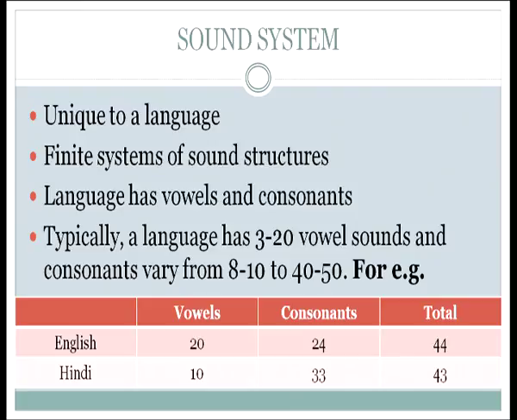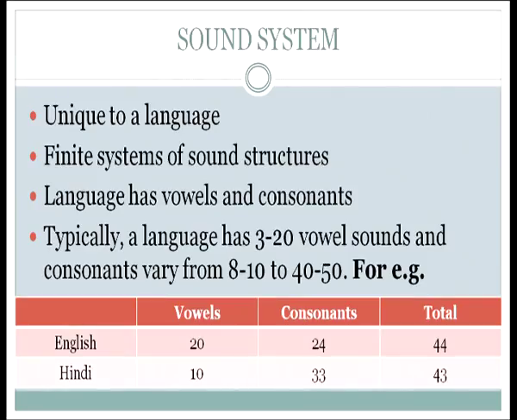There are very limited sound structures in a particular language. When we talk about these sound structures, we talk about two components: vowels and consonants. Any language has both these components.